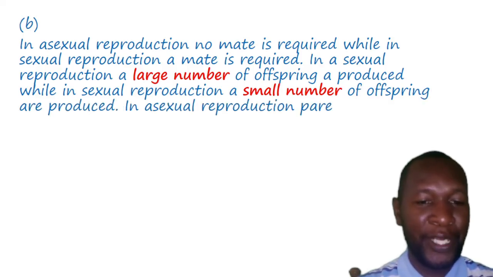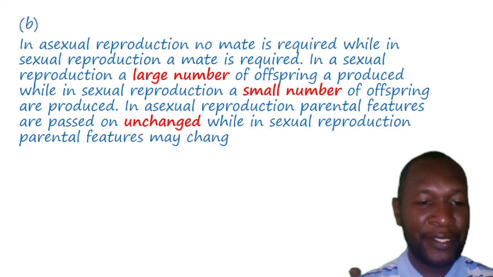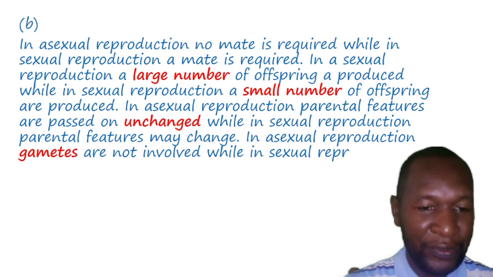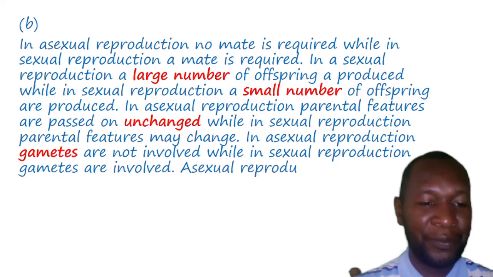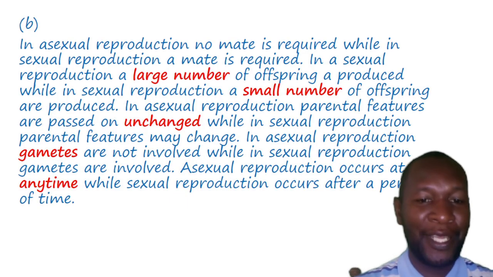In asexual reproduction, parental features are passed on unchanged, while in sexual reproduction, parental features may change. In asexual reproduction, gametes are not involved, while in sexual reproduction, gametes are involved. Asexual reproduction occurs at any time, while sexual reproduction occurs after a period of time.